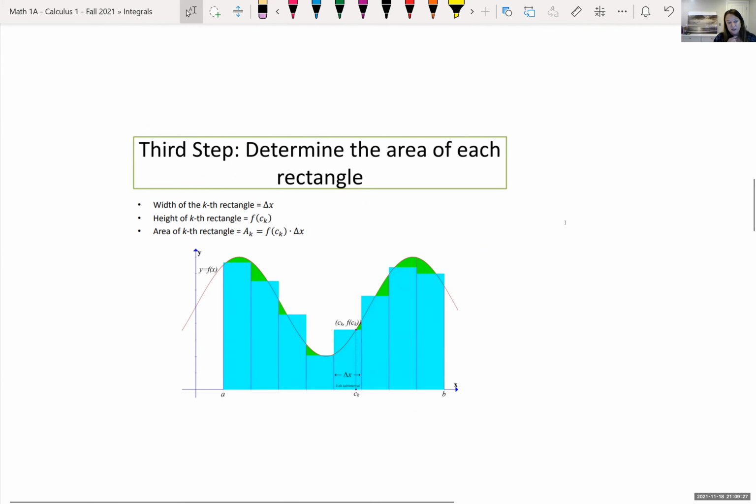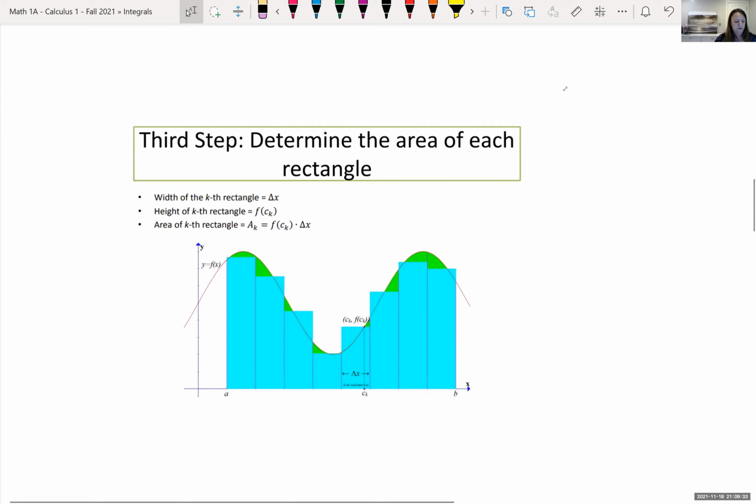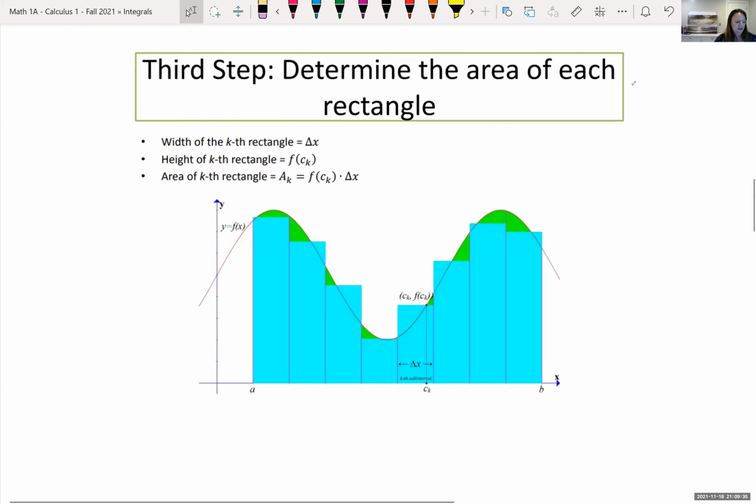I just mentioned this, but the third step is to determine the area of each rectangle. The width of the kth rectangle is delta x, the change in x, different ways to say it.